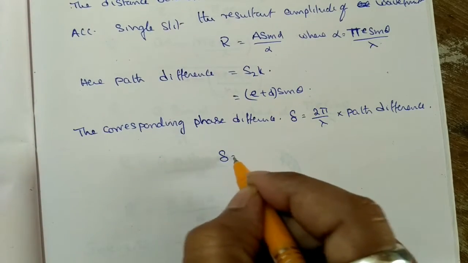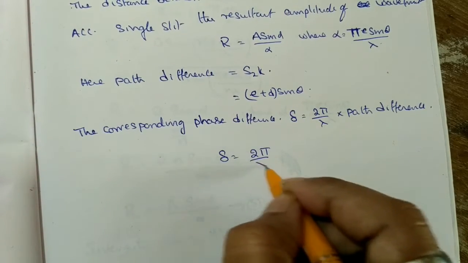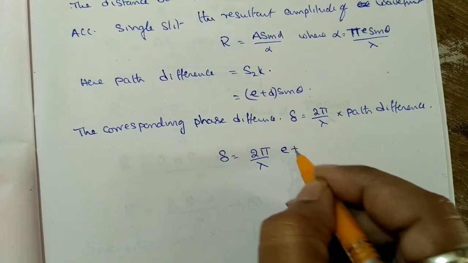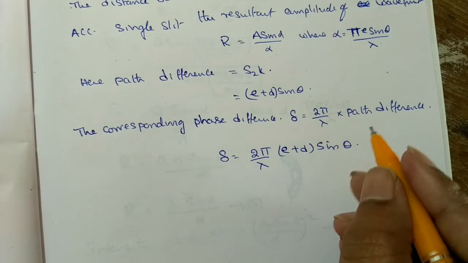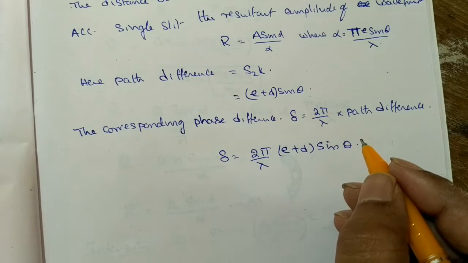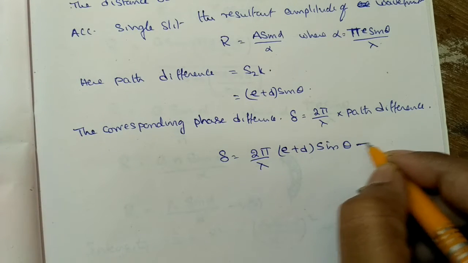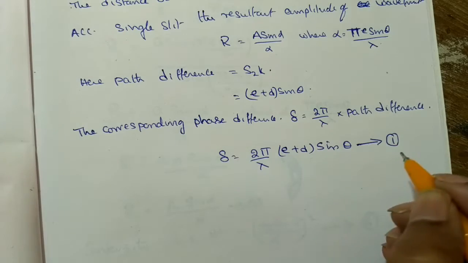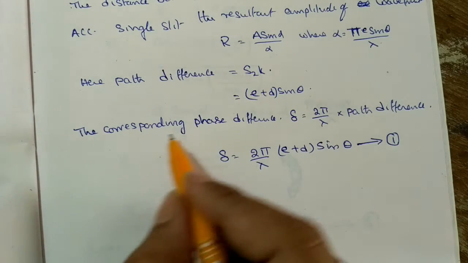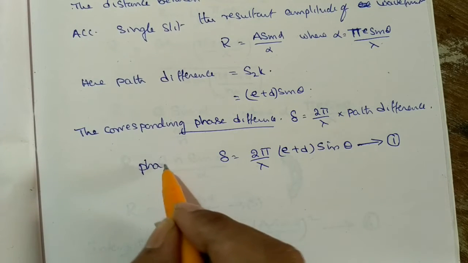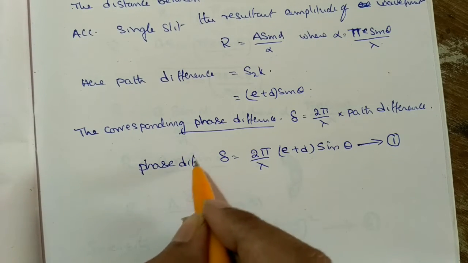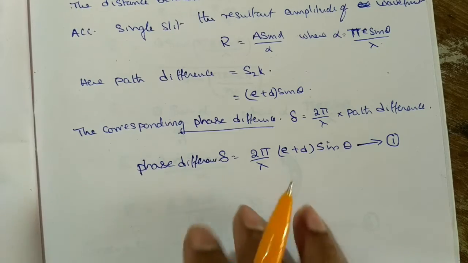Then delta is equal to 2 pi by lambda into (e plus d) sin theta. This is equation number 1, which represents the phase difference.